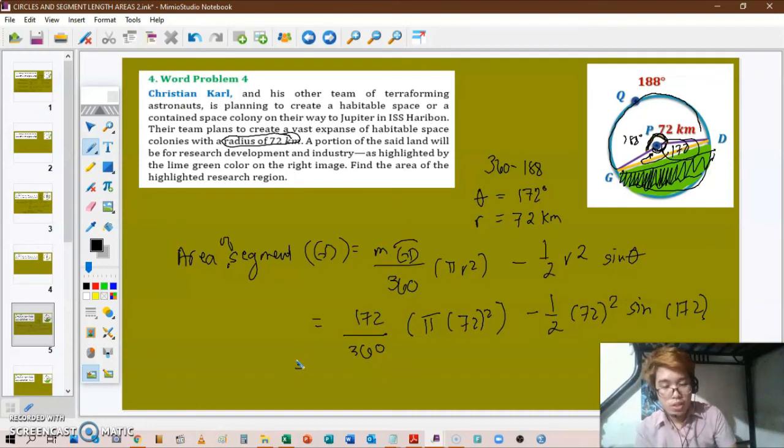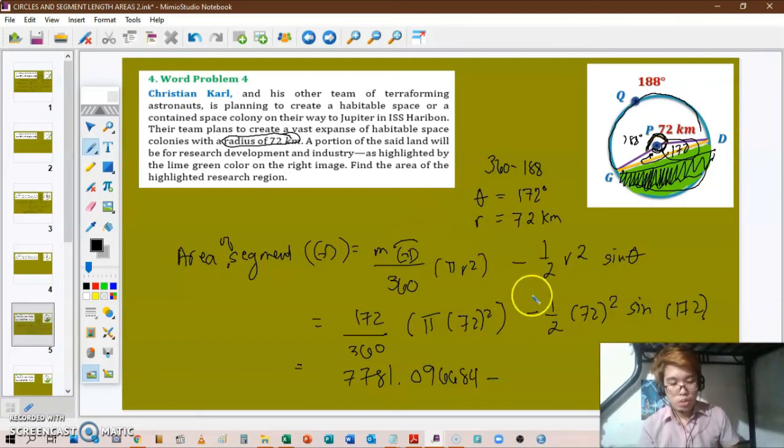Okay, so using our calculator, we can solve for the value here. 172 over 360 times 72 squared, and then times pi. So that's going to give us 7,781.096684. And then we have to subtract that from 72 squared divided by 2, then multiplied by sine of 172.